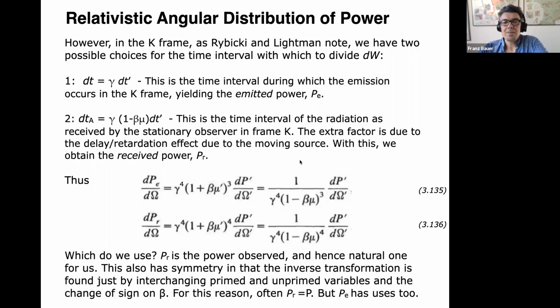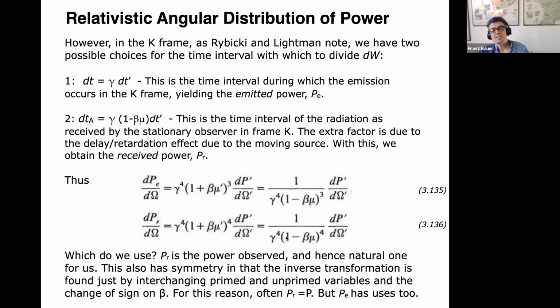And so we end up having something which looks like that or like this. So if we convert between U prime and U, for instance. The question actually is which do we use? And this is obviously the one that we observe.